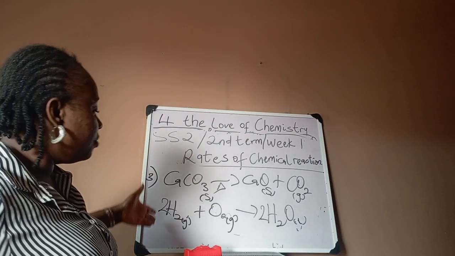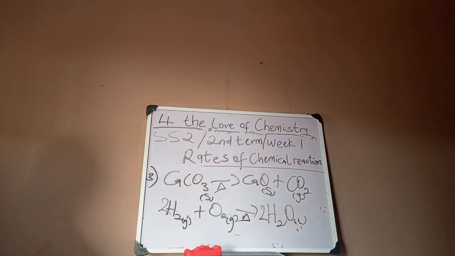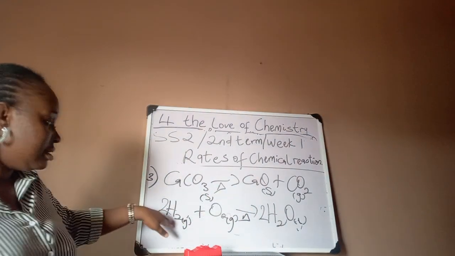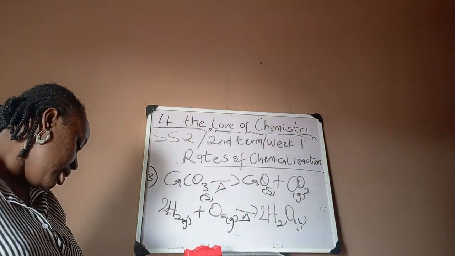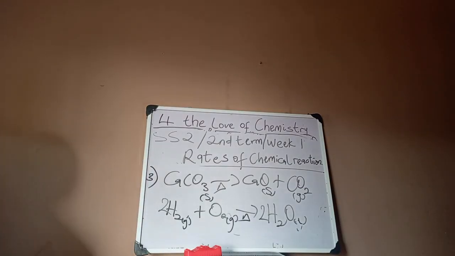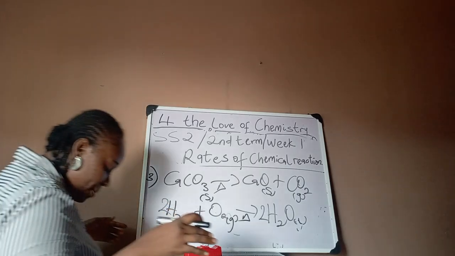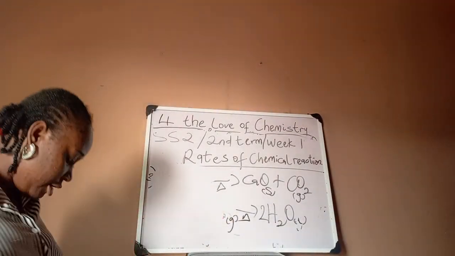So these two reactions involve the presence of heat. You ignite this to burn, to give you water. All right, so these are the rates of a reaction. Some are so fast it can't be measured. Some are slow, so that it requires a catalyst that you can monitor them, and some of them require ignition or heating for it to commence.